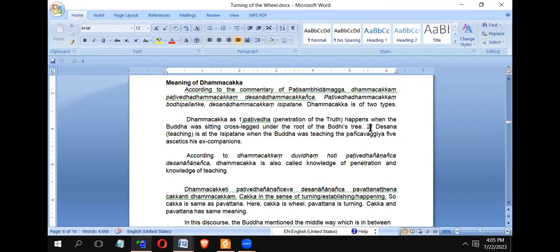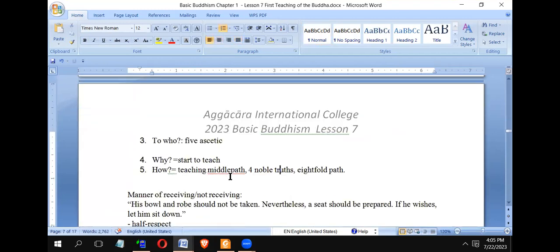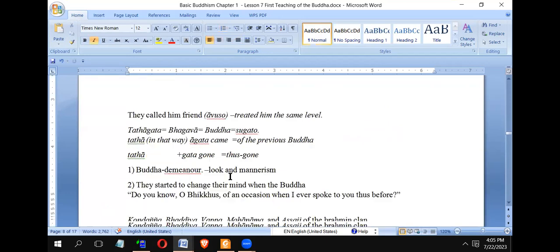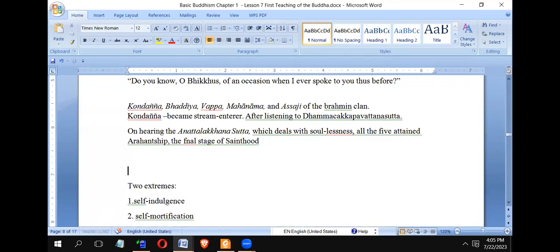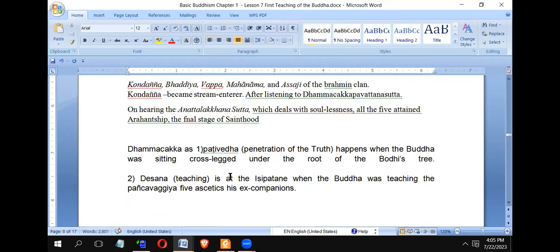The second one is when the Buddha, like now, expounded to the five Pancavaggiya bhikkhus, right? So you have two here. Two wheels or two turnings? Yes, two turnings. Not so much a wheel as a turning.